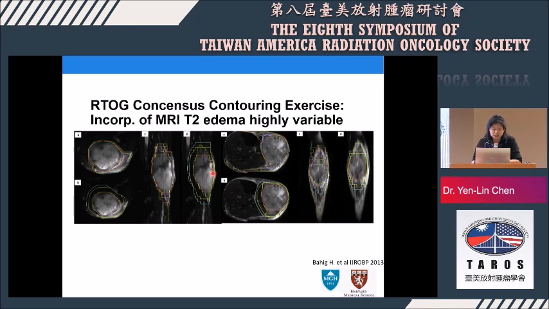And what we found is that the inclusion of T2 edema is highly variable. In some examples, you see a very significant amount of T2 changes, even far away from the main mass. So you do need to use some clinical discretion.